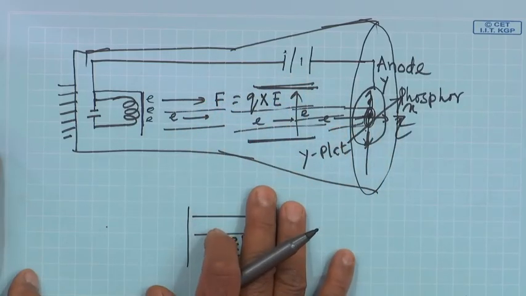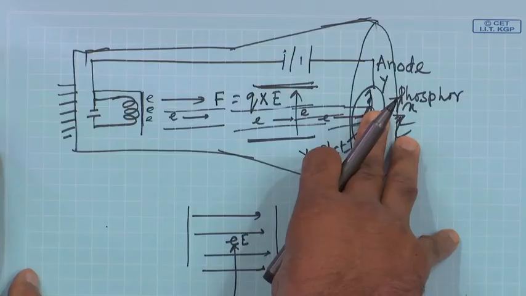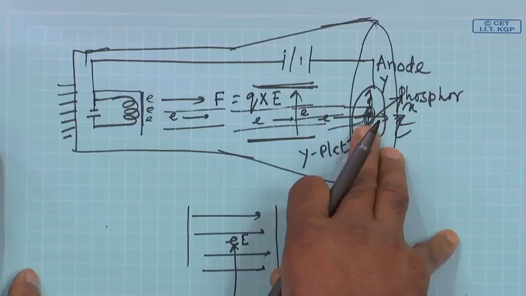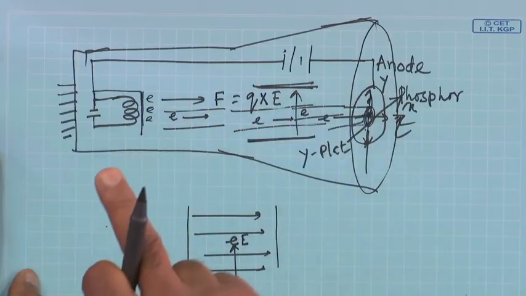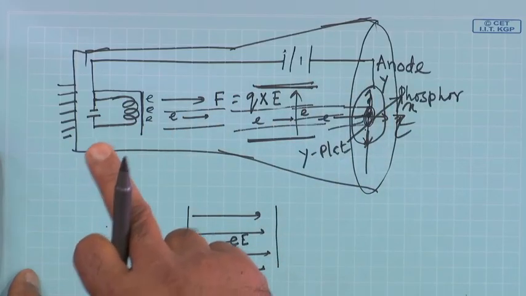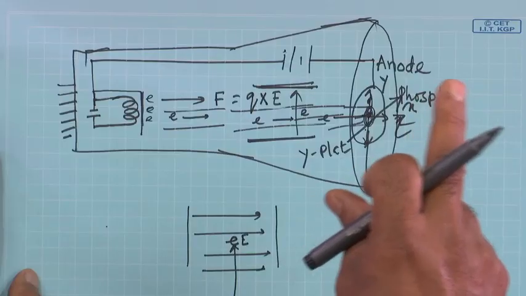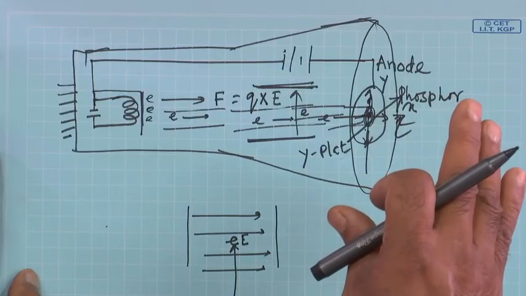Also, if you use a magnetic field, the electron beam will deflect as well. So, to deflect a moving electric charge, one can use the electric field, and one can also use a magnetic field.